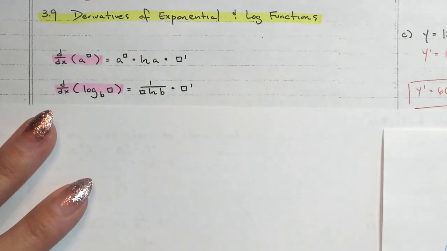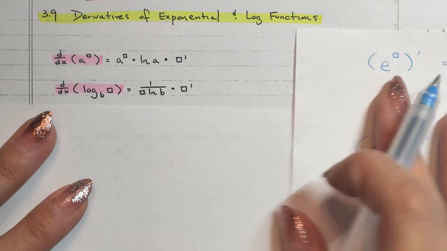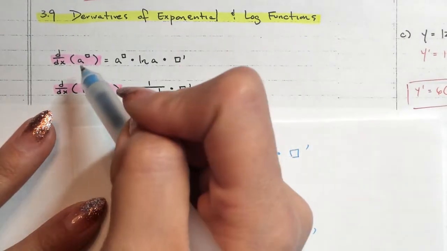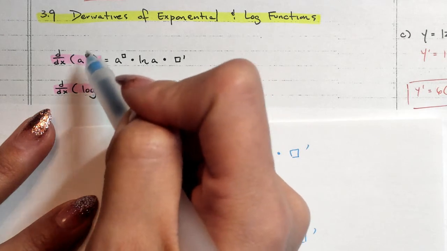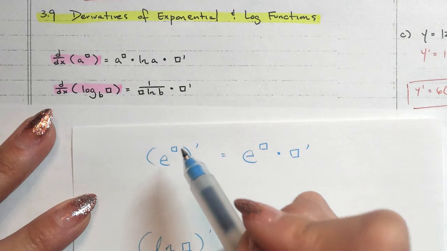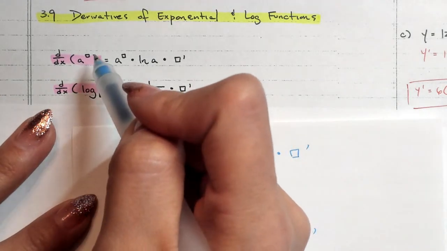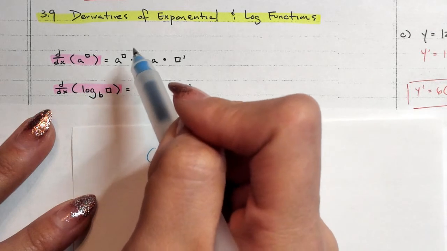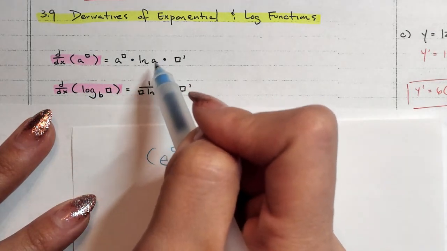So here are the new ones, okay? So here's the difference, and then we'll look at this again. So this means that any number to the x power is going to be exactly the same. e's a number, right? So it's e to the power. See how e to the power? So like 2 to the power of x is going to be 2 to the power of x times ln of 2.